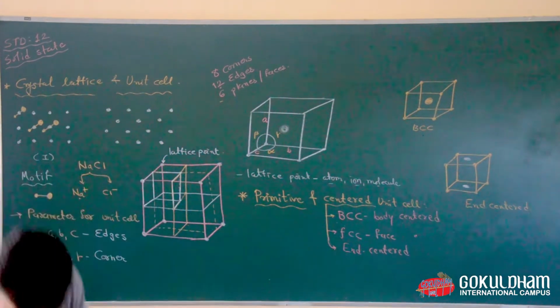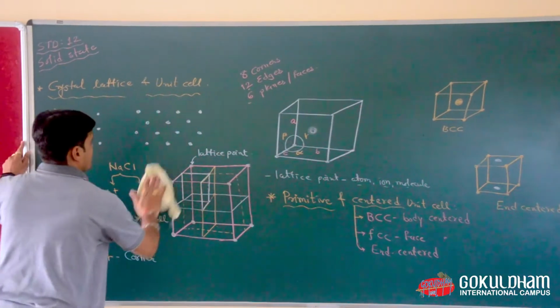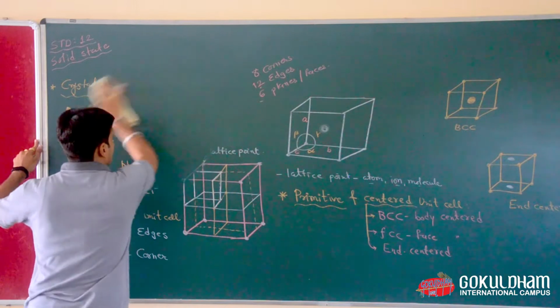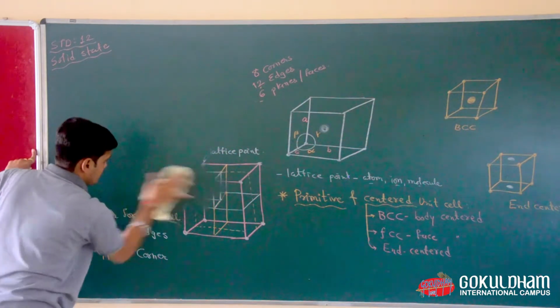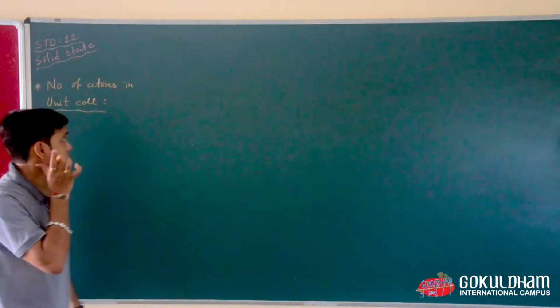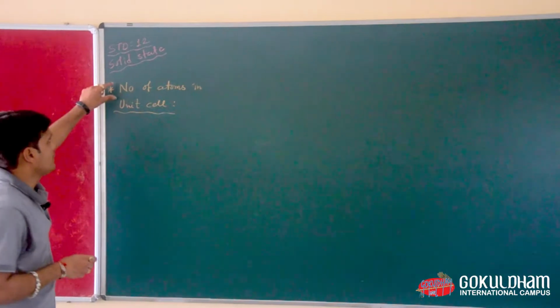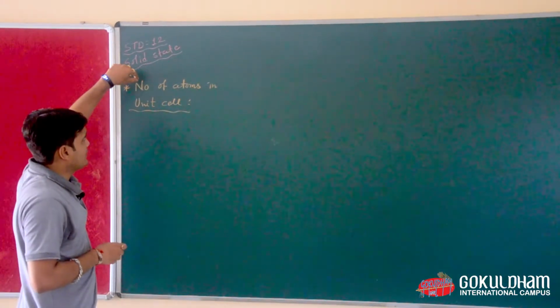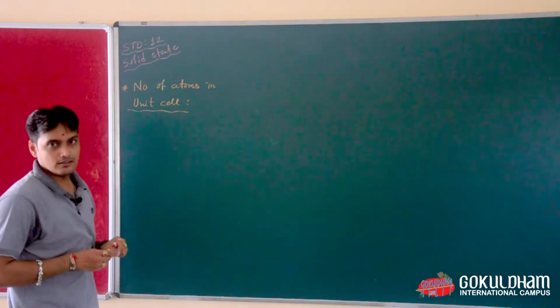Now we are going to calculate the number of atoms present in a unit cell. Now after the types of unit cell, you have to calculate the number of atoms present in a unit cell.